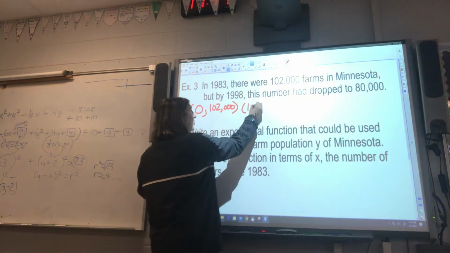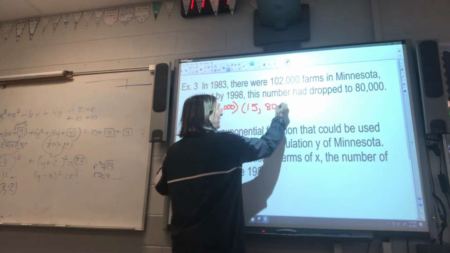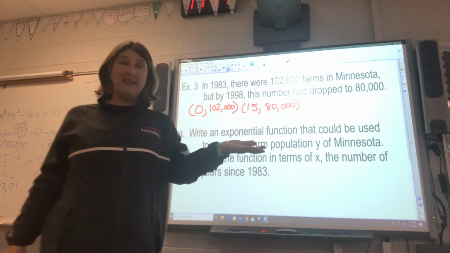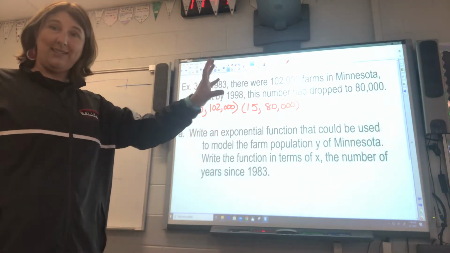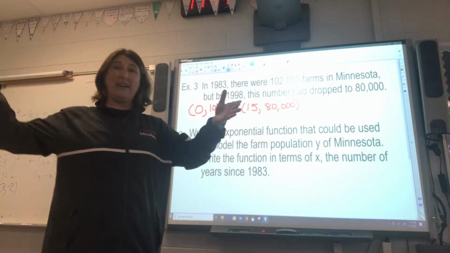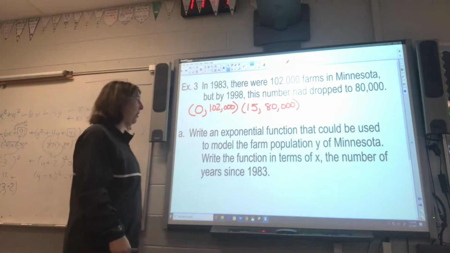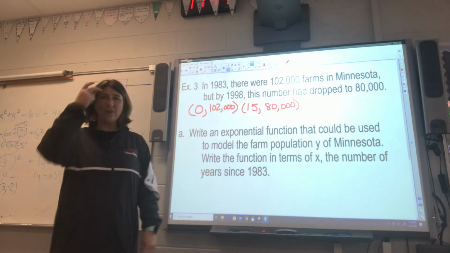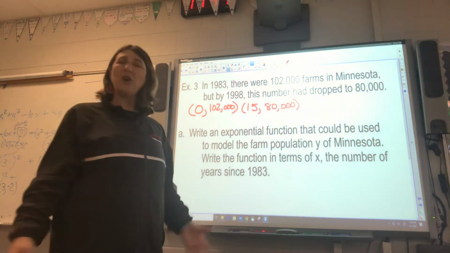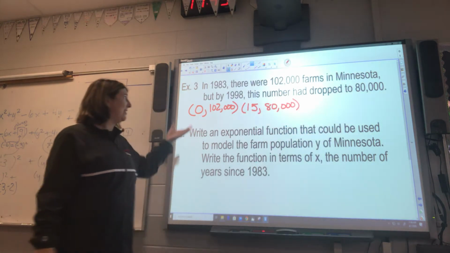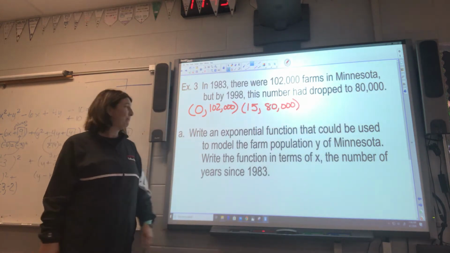So that value would be 15. So when I'm doing this, I'm using the day it started as 0, and then I can write an equation on any day after that based on how many days later that was. Sometimes it's hours. Sometimes with bacteria, you're talking about hours. But again, in this case, we're talking about years.